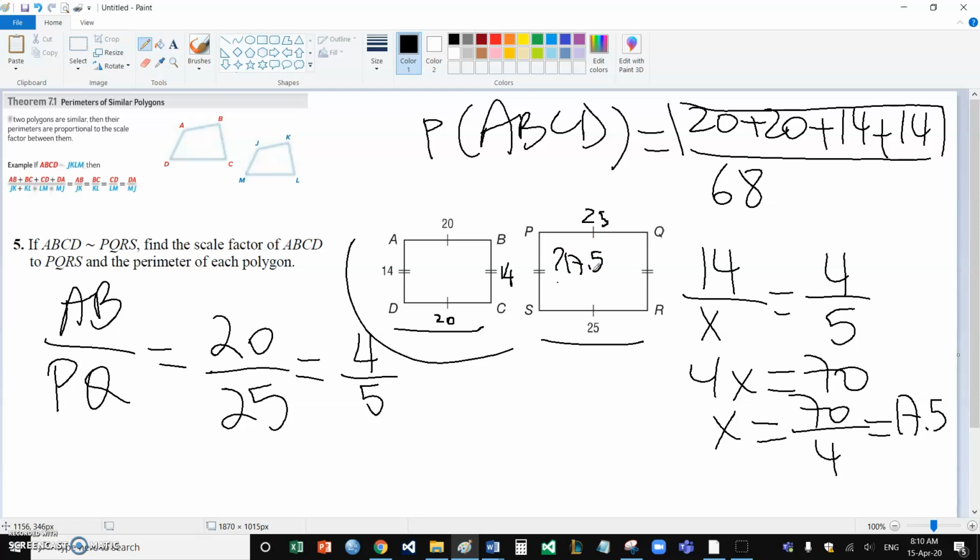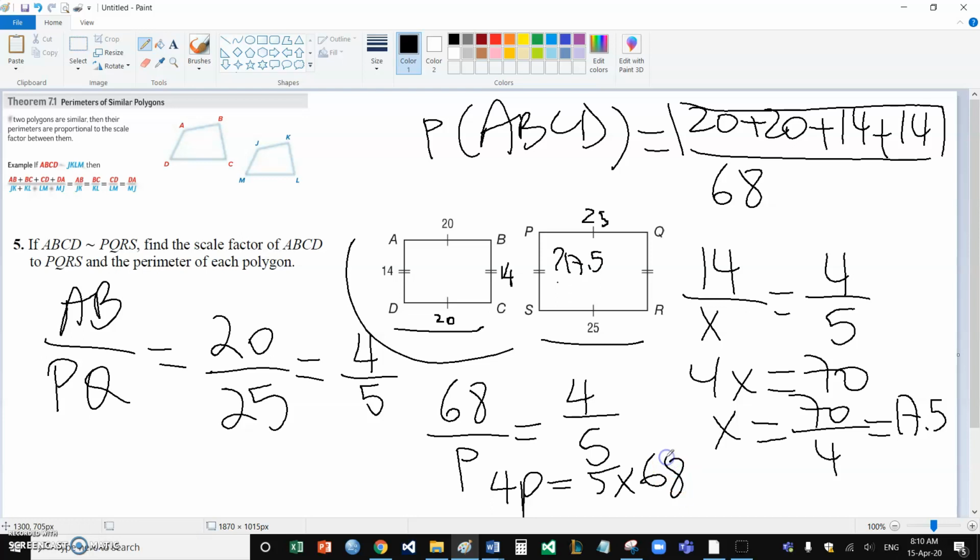Now we can find the perimeter of the other polygon, or we can use the scale factor because they're proportional. That means the first one, 68 over P, let's say, equals 4 over 5. So 4P equals 5 times 68.